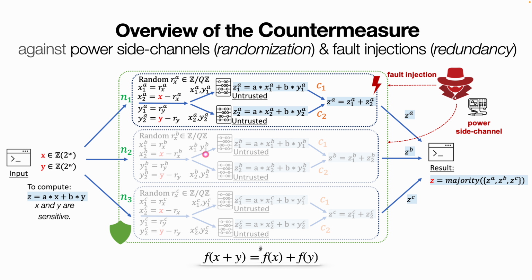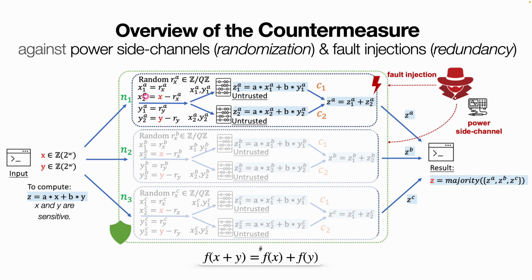Let's focus on the computation from the lens of a power side channel attacker. The power side channel attacker tries to correlate the power consumption with the data being executed, but if you randomize the data, the power traces will be indistinguishable for any data, especially if you pick the random numbers from a uniform distribution.